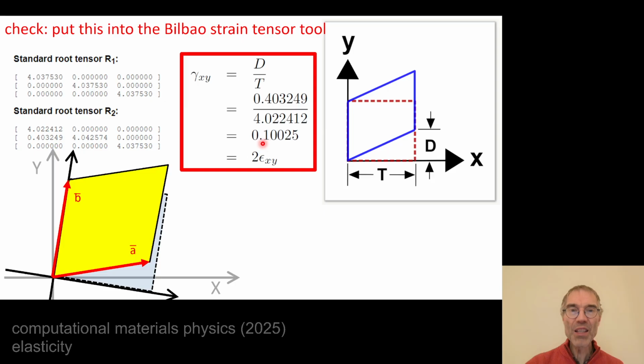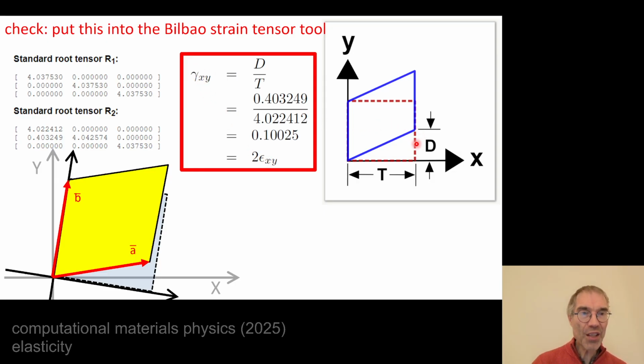If I make the ratio, it's 0.1, and that was twice the 0.05. So it's fully consistent. We need that notation with the double epsilon xy in order to get that engineering strain.